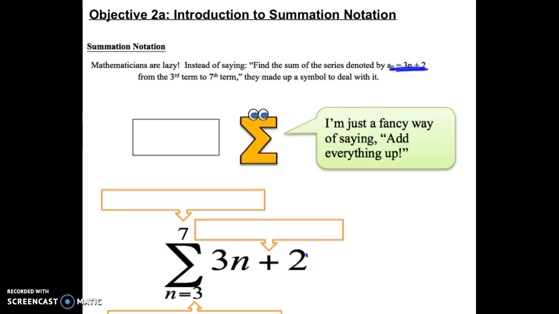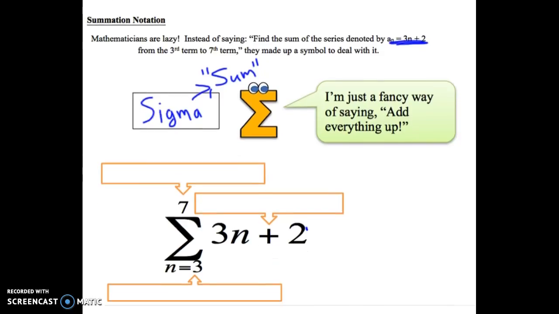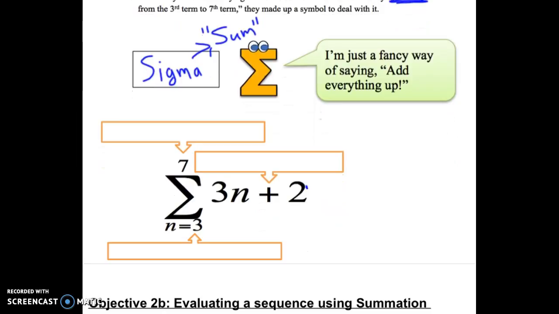The symbol sigma, I'm going to write in this box, just means sum. Please write that down. Whenever you see a big looking E thing, it just means sum, or add everything up. That's all it's saying. There are a few pieces of information that are important to know about sigma, though.